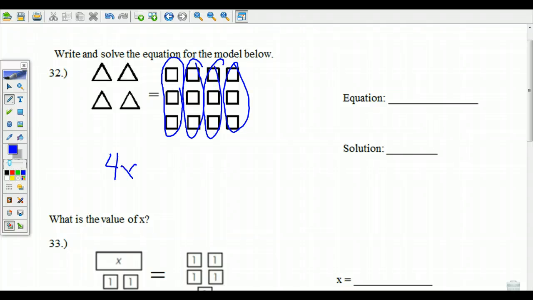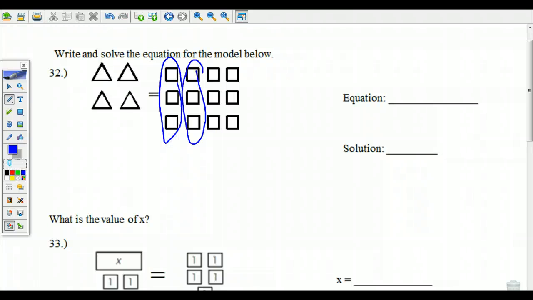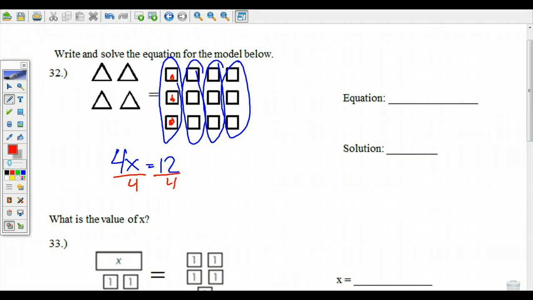So this equation would have been 4x equals 12. We need four equal groups, and the answer is how many are in each group. So there are 1, 2, 3 in each group. Or in other words, you divide both sides by 4 and get x equals 3.